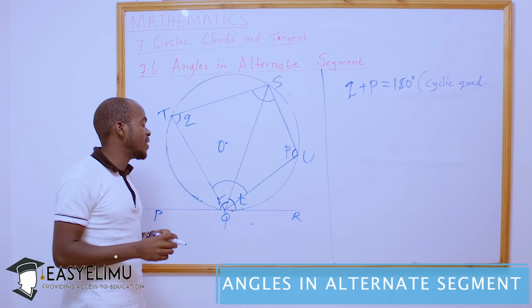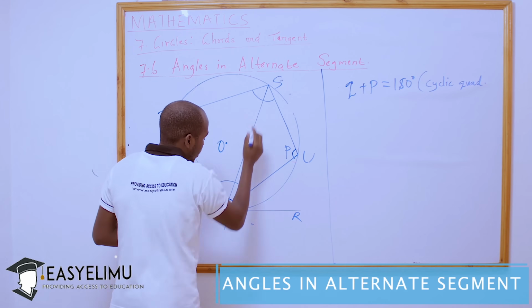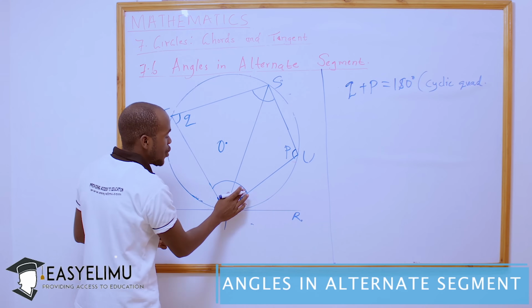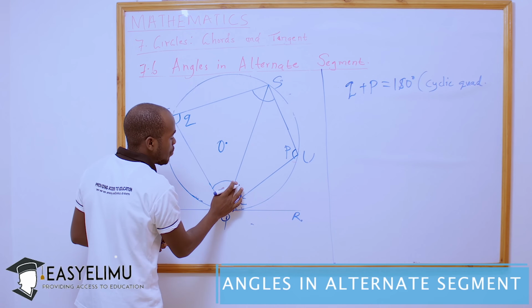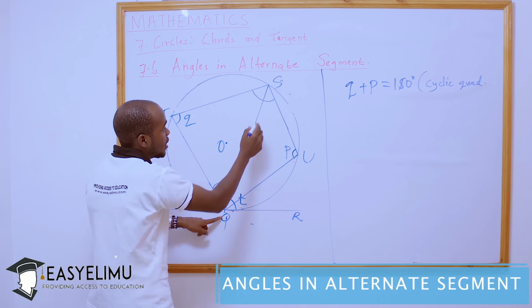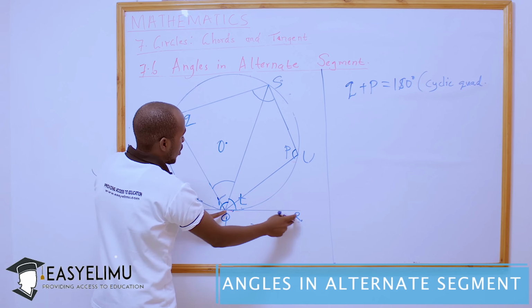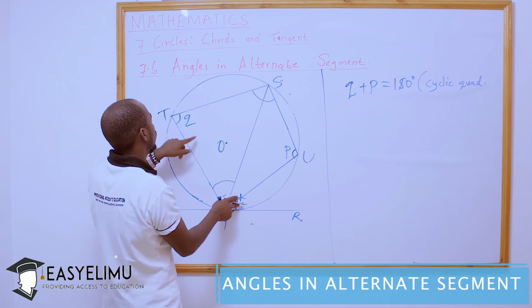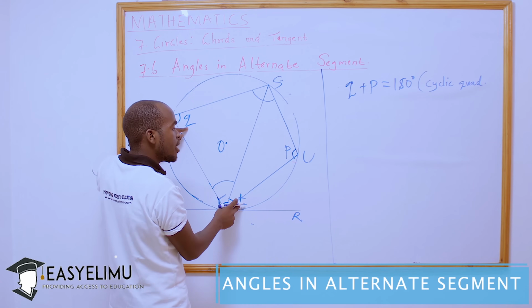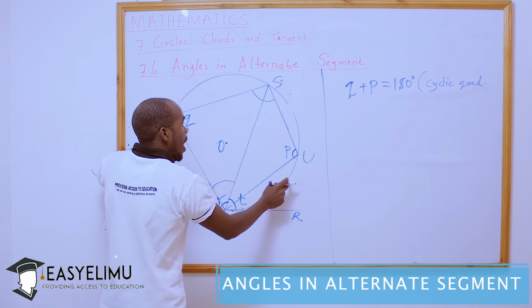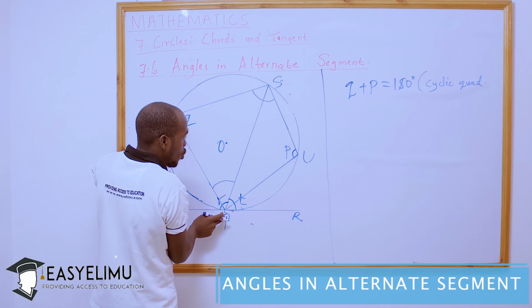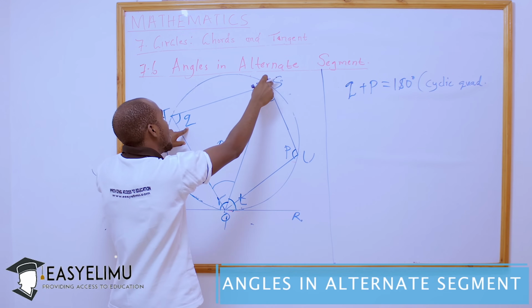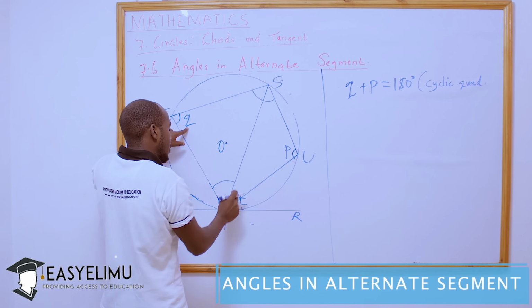But remember we did say, from the relation in the previous note, that angle SQR, which is T, angle T, will be equal to angle Q. The reason being they are subtended by the same arc length, which is SUQ, or subtended by the same chord SQ.